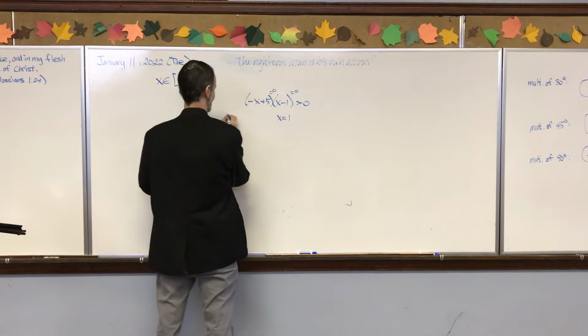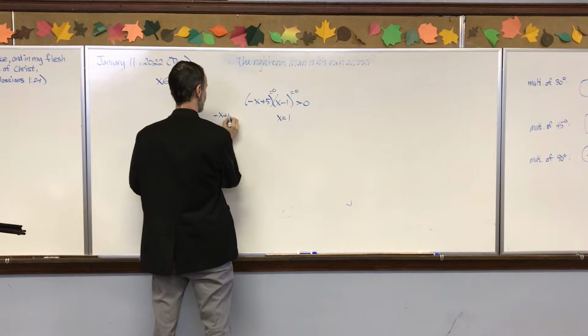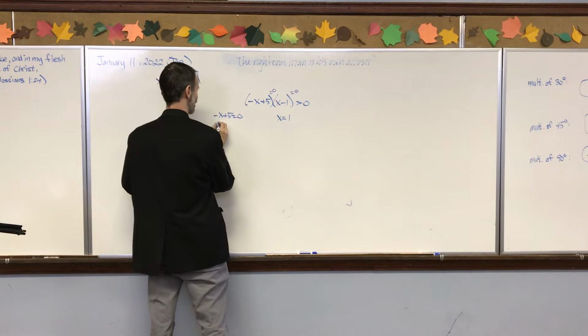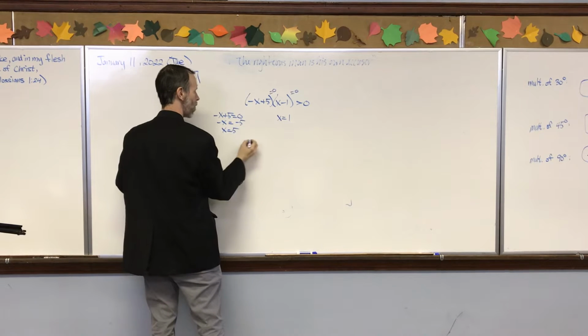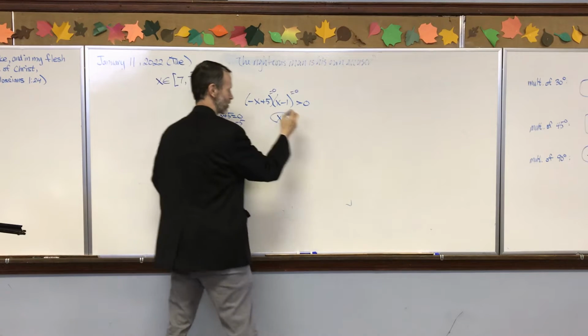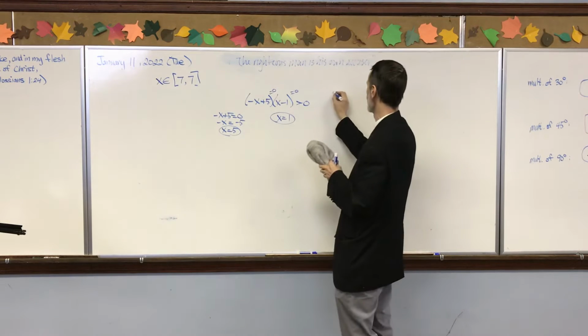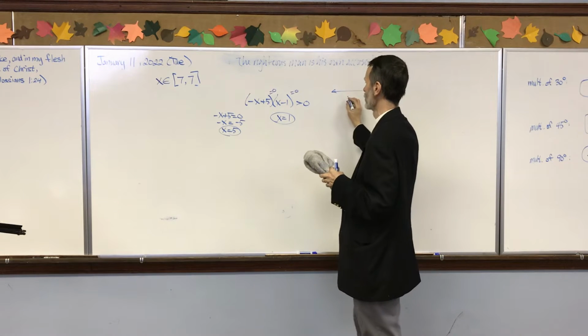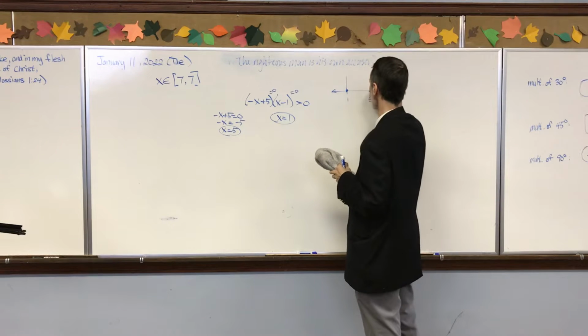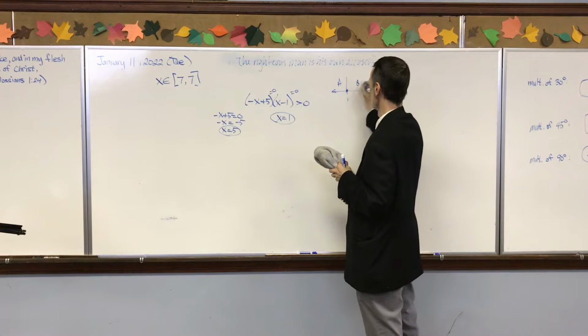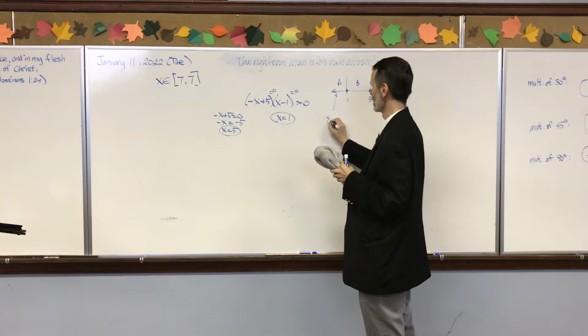I'll prove it to you. -x + 5 equals 0, subtract 5, and then divide by -1. Okay. So x equals 5 and x equals 1 are the roots. Let's do plus-minus notation. Focus please. So 1, 5, single root, single root. So you get 3 regions, A, B, and C. I'm going to try 0, because it's easy.